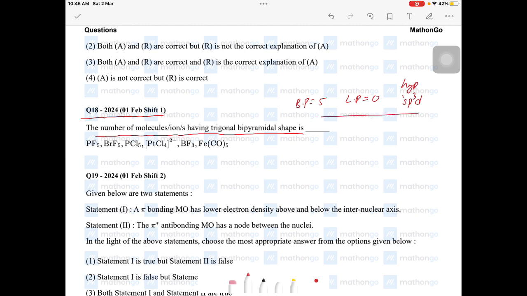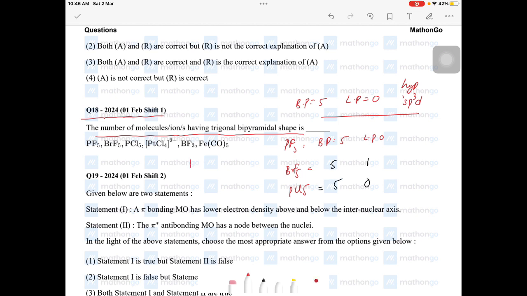So in PF3, bond pairs 5, lone pairs 0. In BrF5 and PCl5, BrF5 has bond pairs 5, lone pairs 1. PCl5 has bond pairs 5, lone pairs 0.